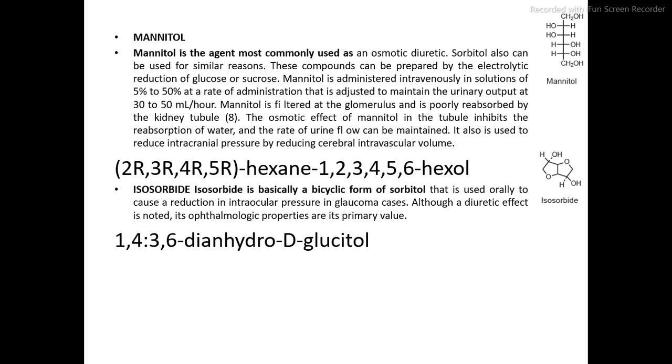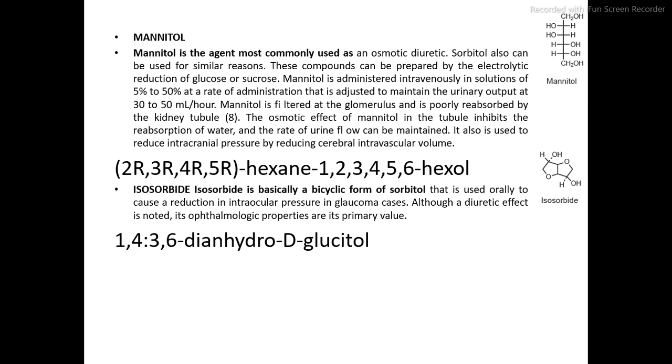Mannitol is administered by the IV route in solutions of 5 to 50% at a rate of administration that is adjusted to maintain the urinary output at 30 to 50 milliliters per hour.